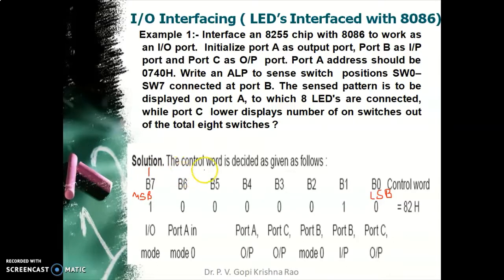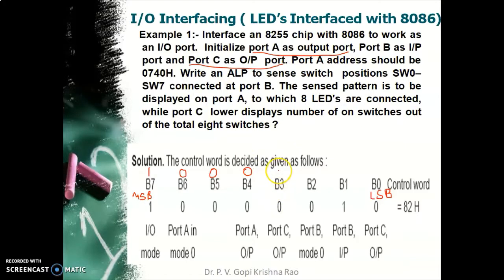These 2 bits define the mode of operation of port A, so they should be equal to 0. Port A is used as an output port, so this is 0. Port C is also used as an output port.